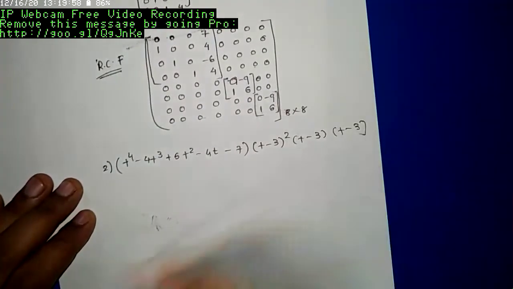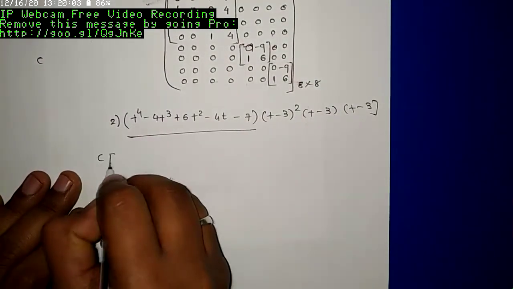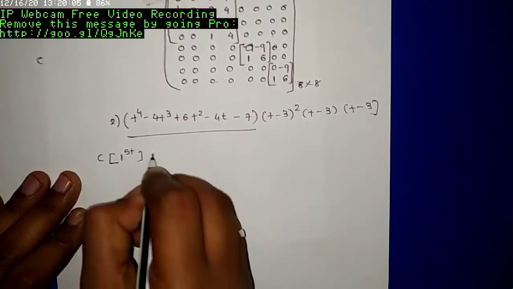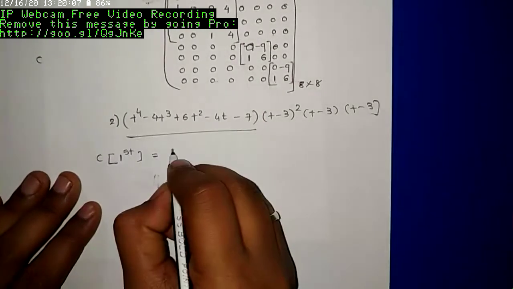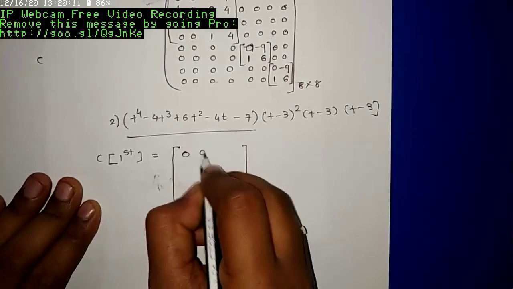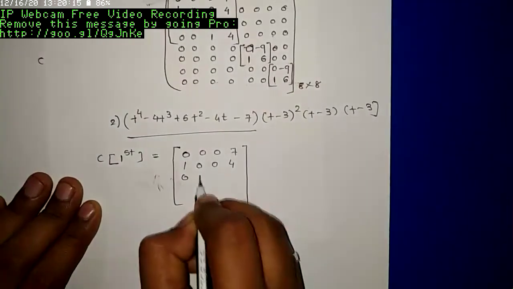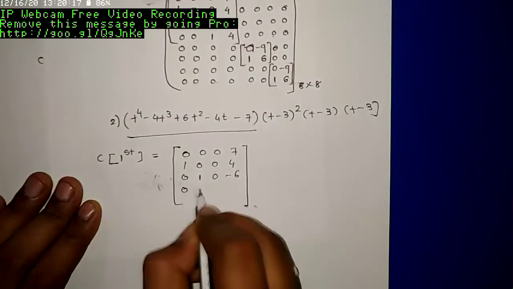So the first companion matrix we already know: 0 0 0 7 1 0 0 4 0 1 0 minus 6 0 0 1 4.